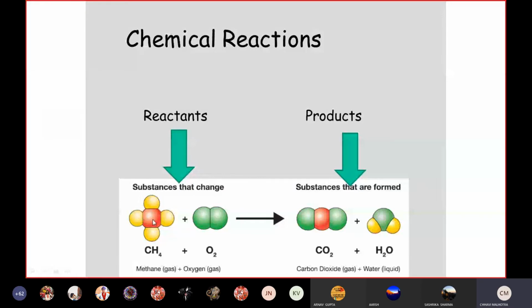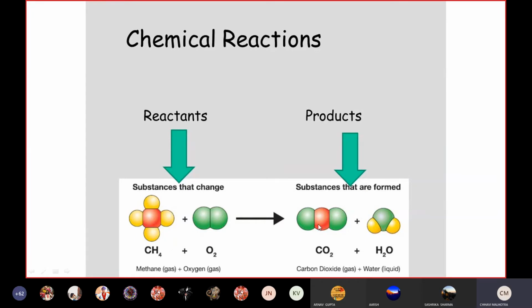In methane, we had one red carbon and 4 yellow hydrogens. And in O2, we are having 2 green oxygen atoms. So when the reaction is happening, how are they getting rearranged? These 4 yellows get removed.